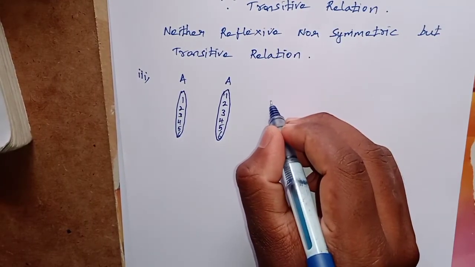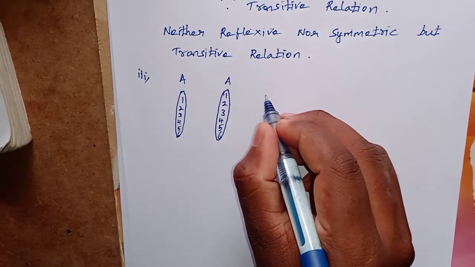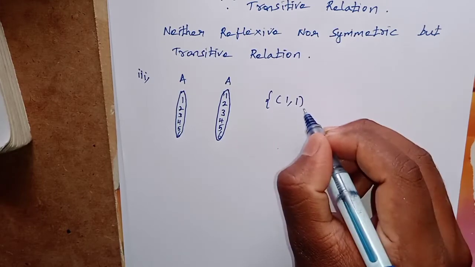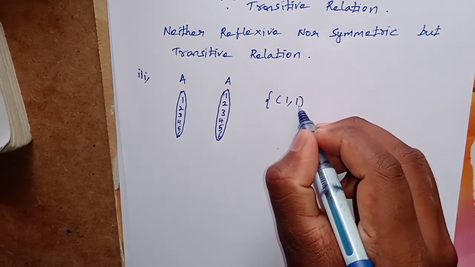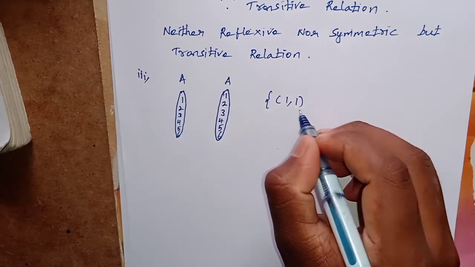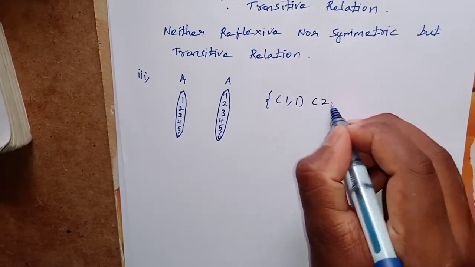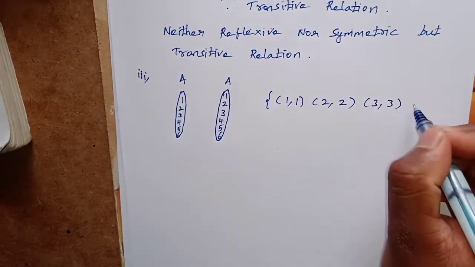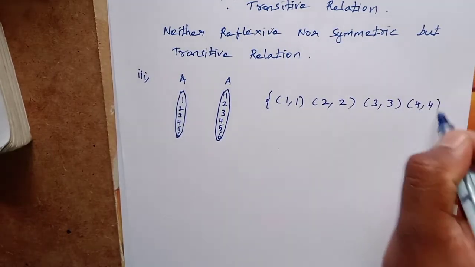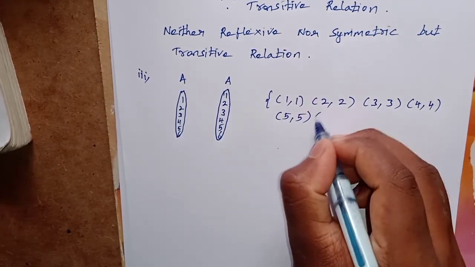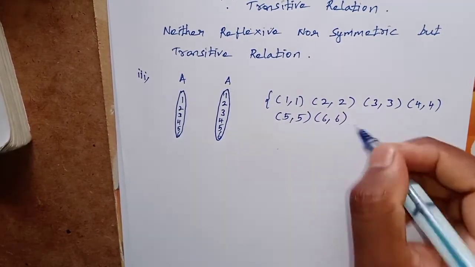Therefore the required ordered pair is 1 comma 1. 1 comma 1 is divisible by x and y. Okay, here 2 comma 2, 3 comma 3, 4 comma 4, 5 comma 5, last 6 comma 6.